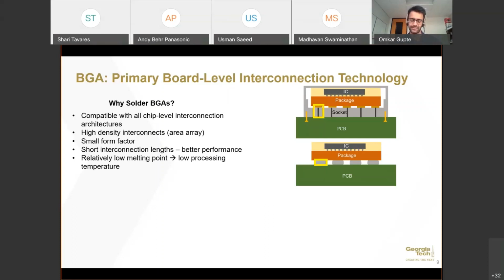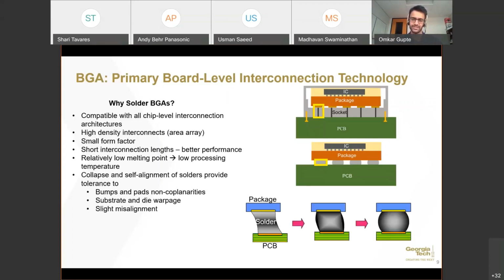Also, solders have a relatively low melting point, and can be processed at low reflow temperatures. Another important aspect of solders is the ability to collapse and self-align to the pads on the package and the PCB, where when the solder is molten, it can self-align with these pads, and has more tolerance to non-coplanarities, or slight misalignments in assembly, and also a certain amount of tolerance to substrate and die warpage.